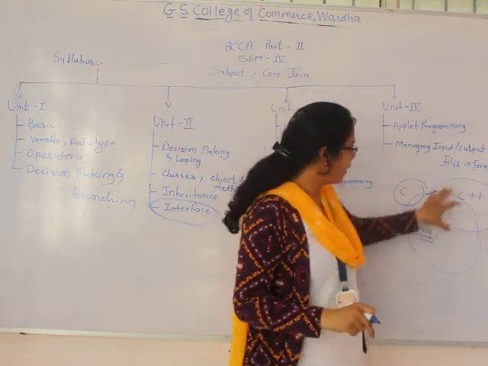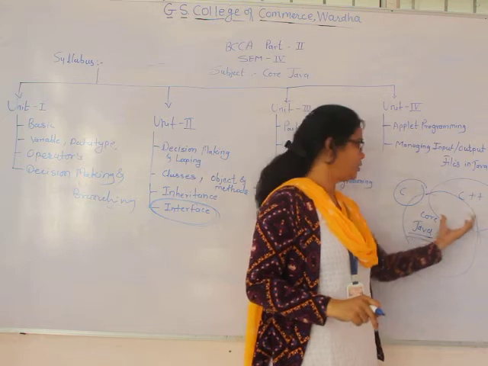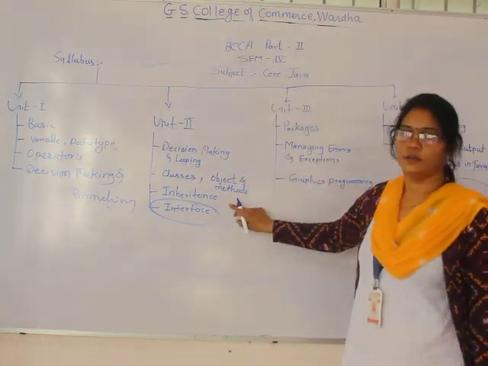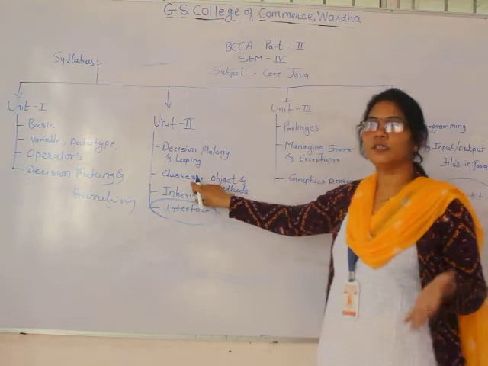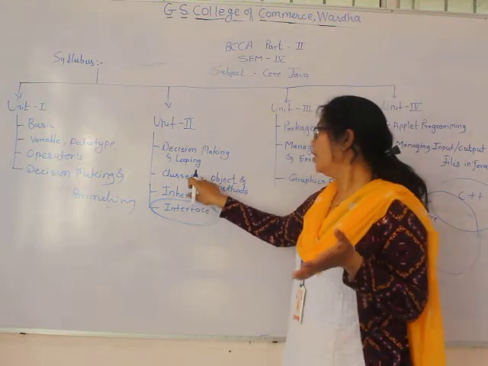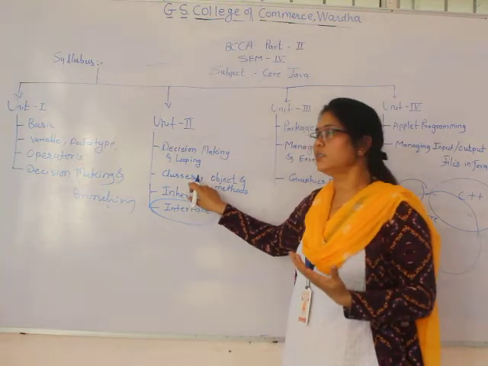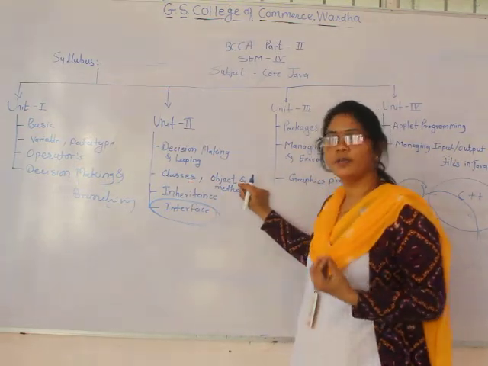We took the part from the subject C++, that is classes, objects, inheritance. Classes means the basic fundamentals: how we can create a class, what the name of that particular class is, then objects, how we can create an object.